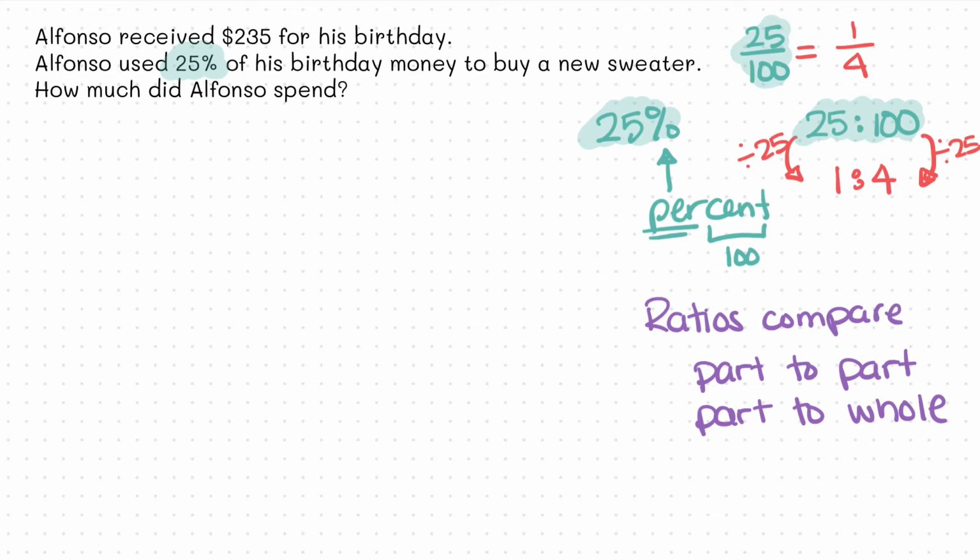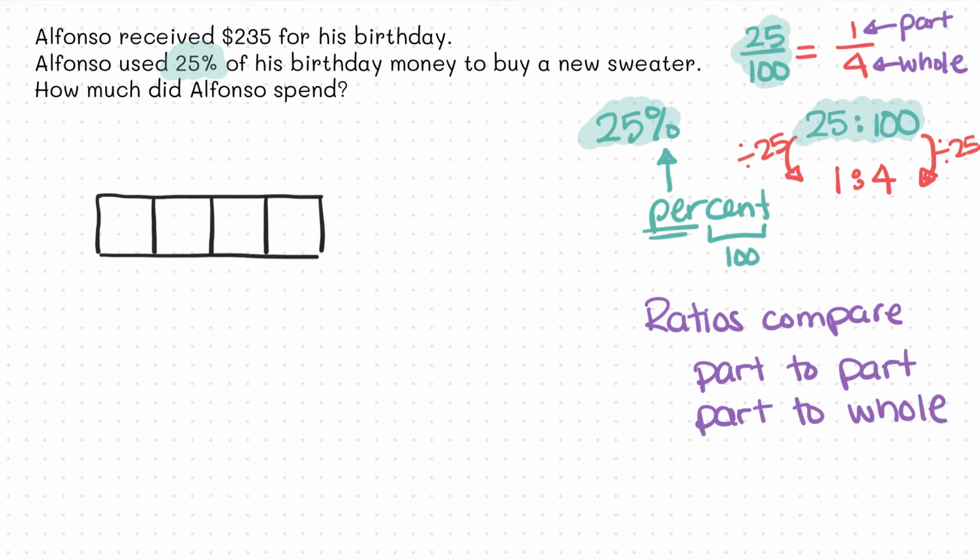So the numerator we know is the part, and the denominator is the whole. So we can draw this picture as a fraction. If we wanted to draw the fraction of 1/4, we would want to draw a picture that has 4 parts. So let's go 1, 2, 3, 4 parts, and make this into my rectangle.